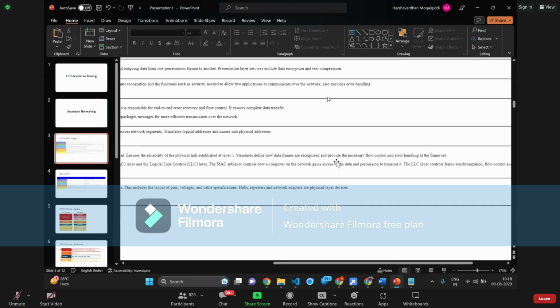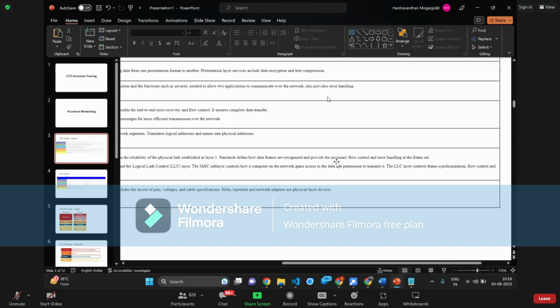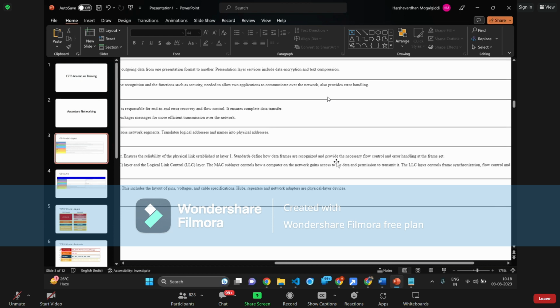Now we need to understand that it is extremely necessary how the flow is working, right? There are certain standards that are already set on data link layer, which are not required right now, but eventually we'll get to know. There are different standards that are set in order to understand how the flow should be. Each standard is a framework in itself, maybe, if you can call it that.